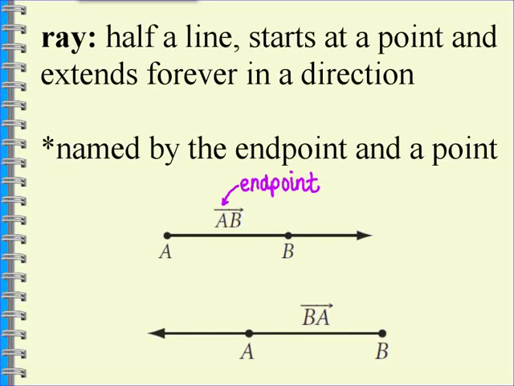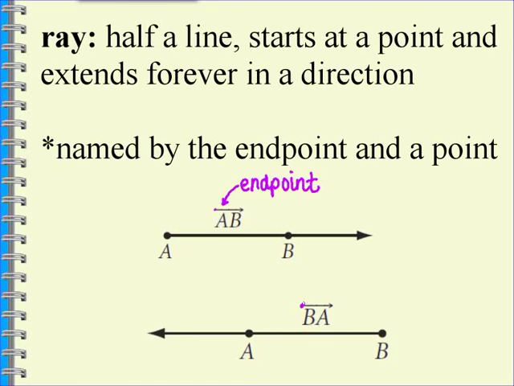Now, one of the things you need to understand is when we write that ray, that little symbol, they need to correspond. So if A is the end point, it needs to appear right here like it's on the end point. If B is on the rest of the ray, that needs to appear underneath the arrow. Down here, notice B is the end point, so notice B comes first. B comes where the point is on the ray. And then A is the way it extends indefinitely.